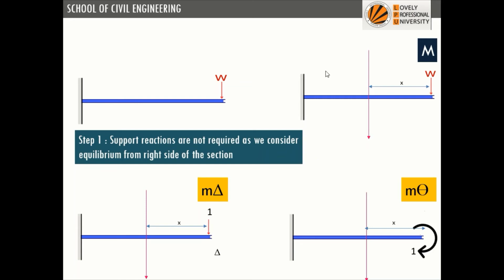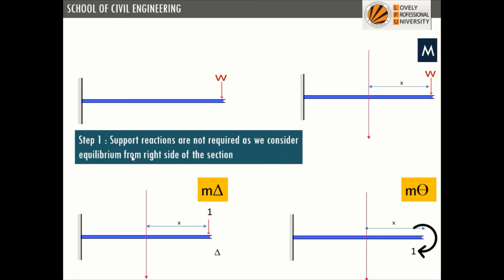So this one is the real structure, these two are the virtual system. Virtual system for deflection should have a unit point load at the point where deflection is required, and virtual system for calculating slope will have a unit moment at the place where rotation or slope is to be calculated.